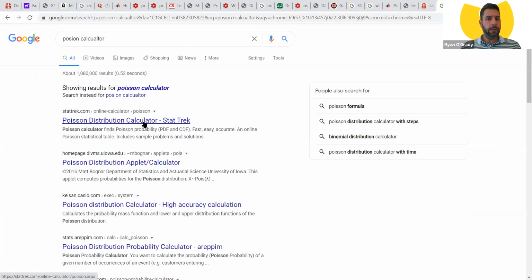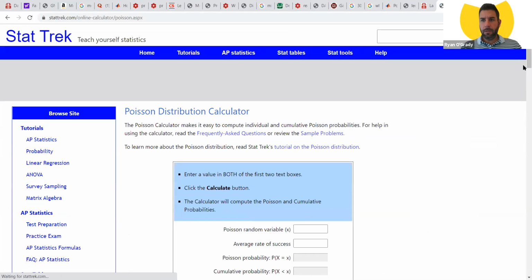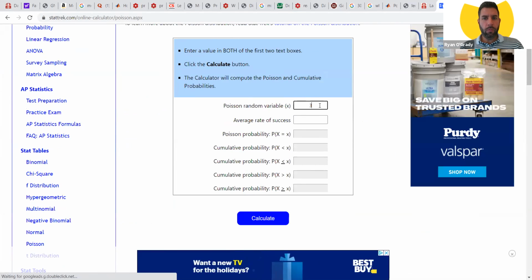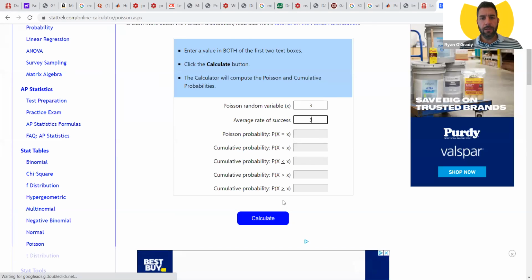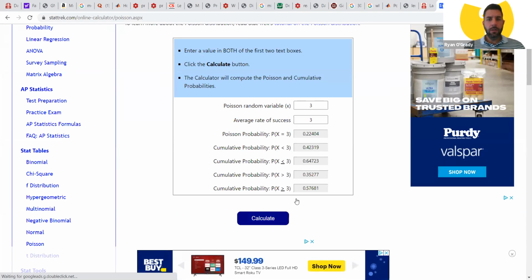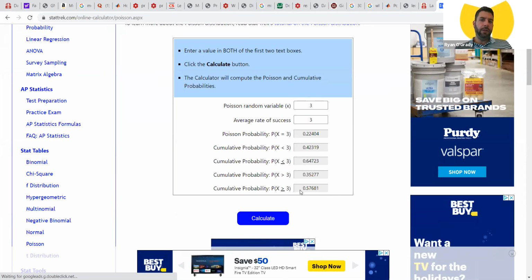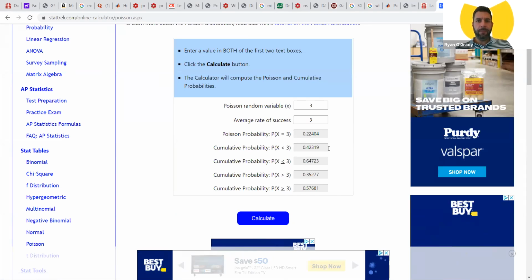And the first hit is this thing. And so if you want to answer the first two questions, what are we trying to figure out? We were doing what happens when it's 3 and our average was 3. And so if I calculate, you'll see we get two answers. Less than or equal to 3, this is what we got, 0.64, and greater than or equal to 3.57.